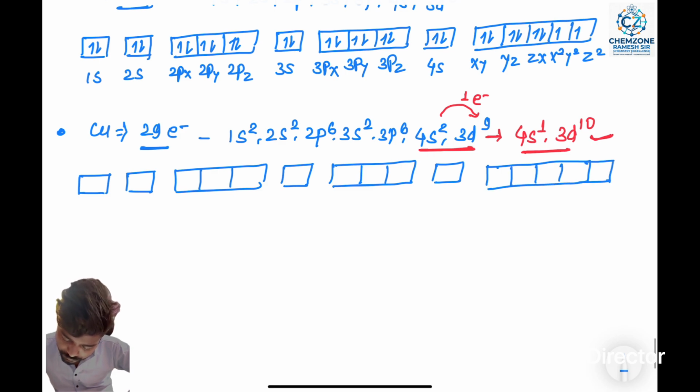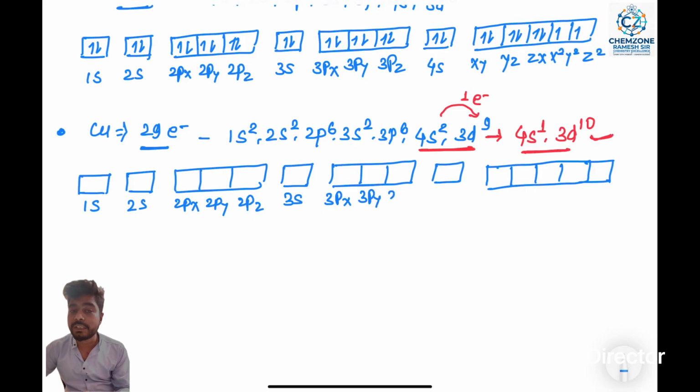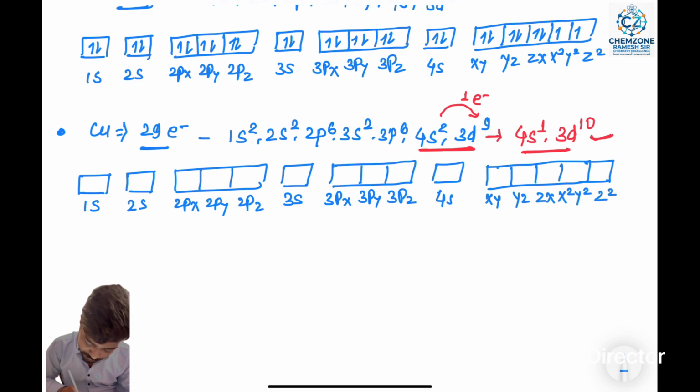Okay, I am drawing both structures. I am making both for you, the kinds that are formed: 1s, 2s, 2px, 2py, 2pz and 3s, 3px, 3py, 3pz, 4s, xy, yz, zx, x square, y square and z square. Okay, first I will show you the normal condition, what type it is. The first one: 1, 2, 3, 4, 5, 6, 7, 8, 9, 10.